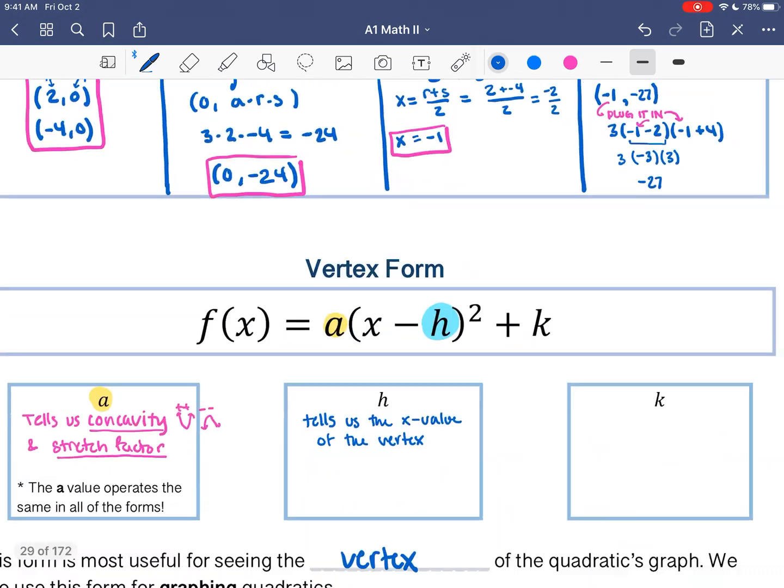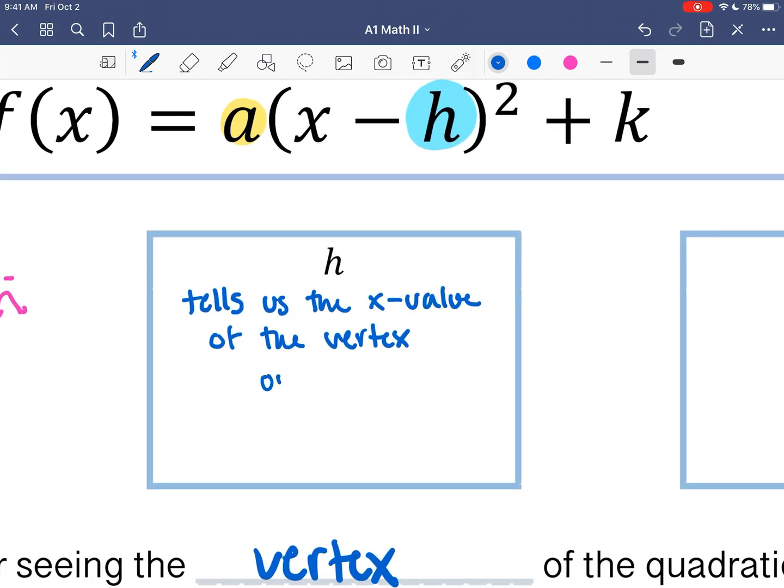This is also an opposite sign situation. So this, in the vertex, it gives us this number.